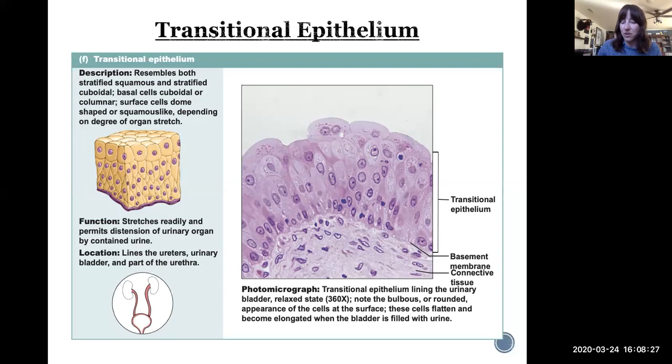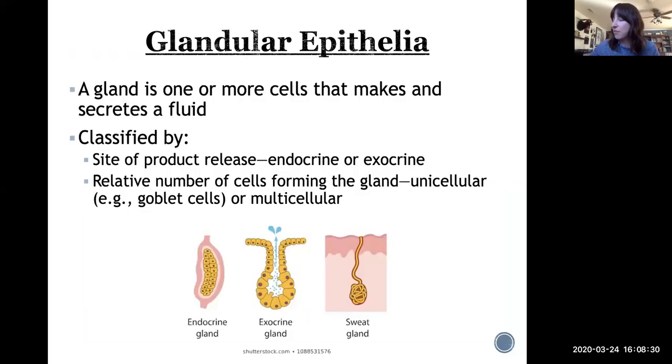Okay, so let's talk about the last epithelial tissues, which are the glandular epithelia. You don't necessarily have to be able to identify this by sight. This is really more of a rundown of gland types. We've got two general types of glands, endocrine and exocrine glands. Endocrine glands don't have a duct, so they don't have a tube associated with them.